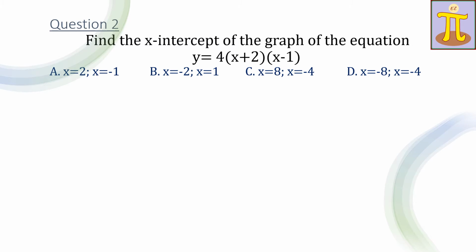To find the x-intercept, we set y equals 0. In this question, our y equals 4 times x plus 2 times x minus 1, and that equals 0.